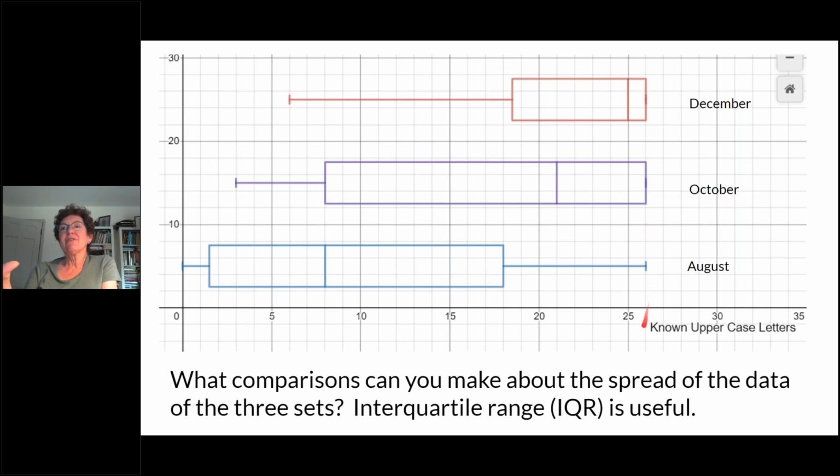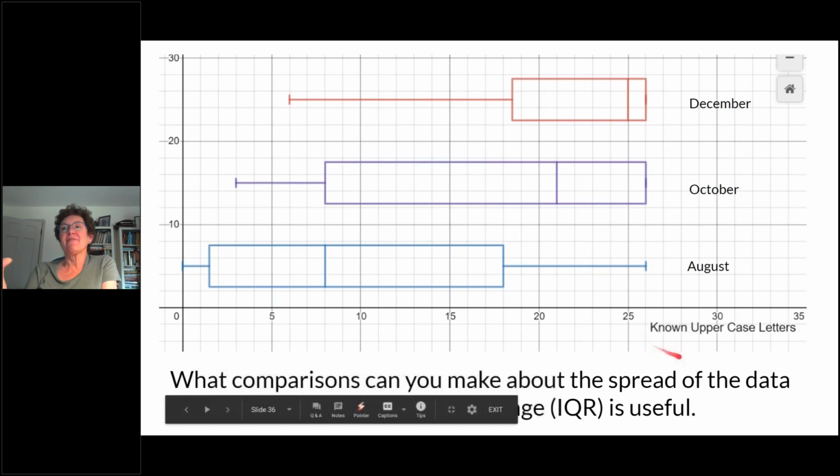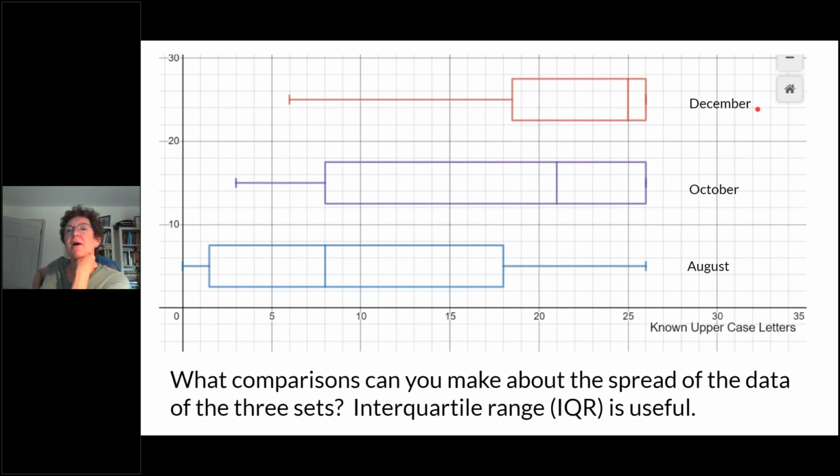Now, here's another piece of data that is sometimes referred to when we're talking about box and whisker plots. It says, what comparisons can you make about the spread of the data of the 3 sets? One thing we talk about is the interquartile range. Inter means between, so between the quartiles.